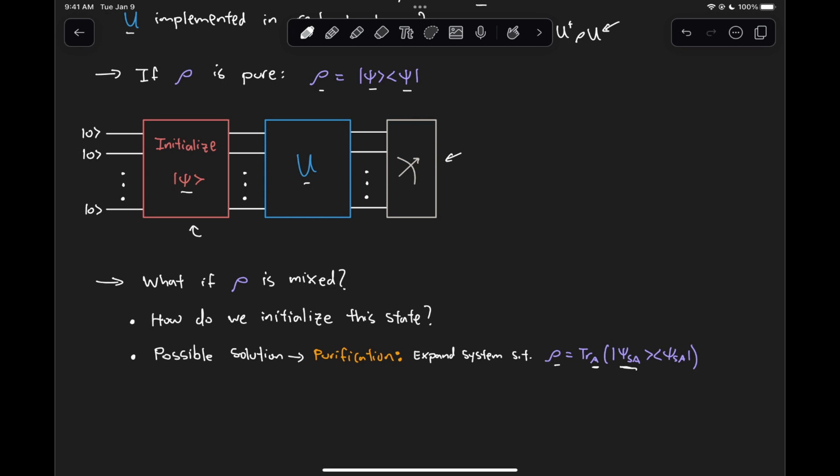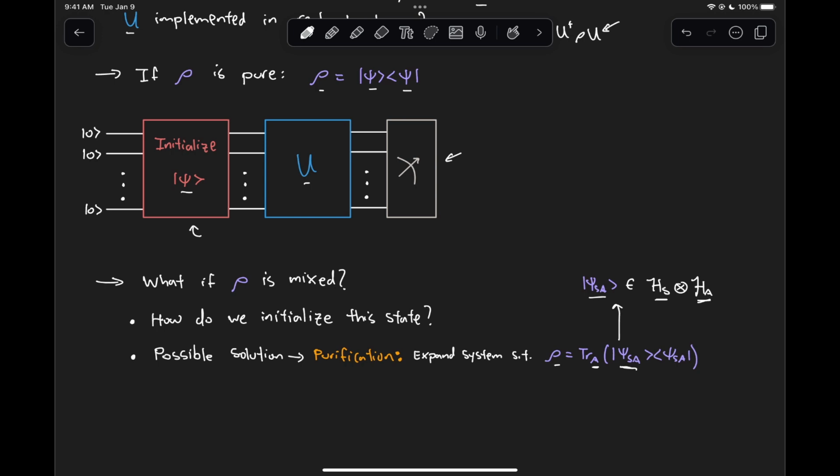So this psi sub SA belongs to the Hilbert space of our original system to which ρ belonged, and some additional Hilbert space that we're adding to it. There's a procedure we can follow to find this psi sub SA.